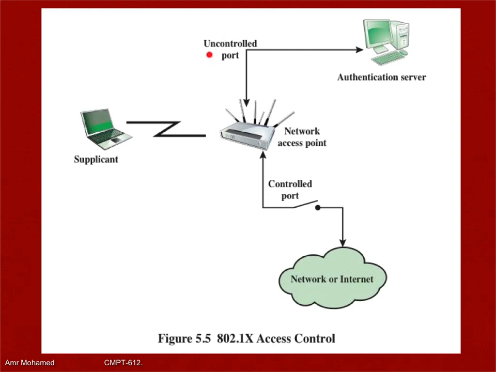I should also highlight here, this is uncontrolled. Why uncontrolled? Because this port is not to be activated through authentication, because this is used for authentication, right? So this port is not controlled because it's actually the connection between the access point and the authentication server.